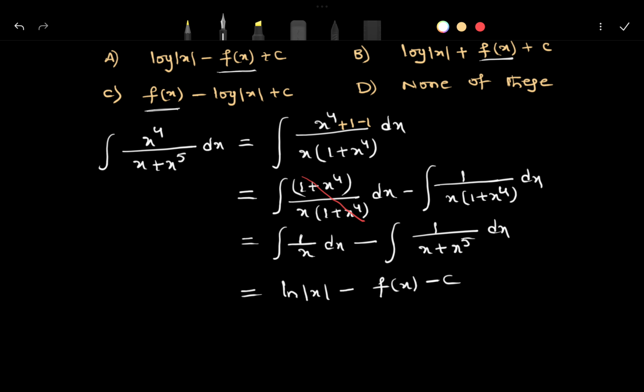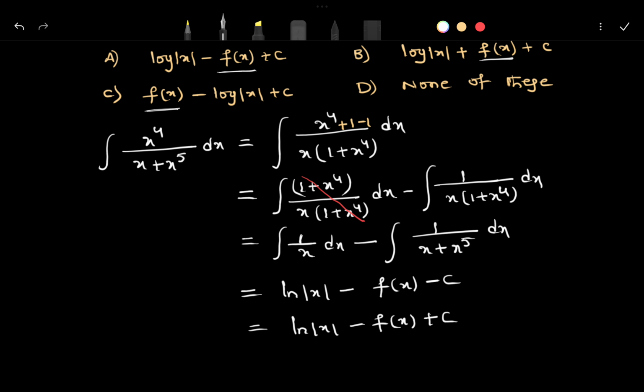What is that c in this one? Integral constant. Now you can write plus c instead of minus c. So this value will be nothing but ln of x minus f of x plus c. Here c is the integral constant, so anything can be written.